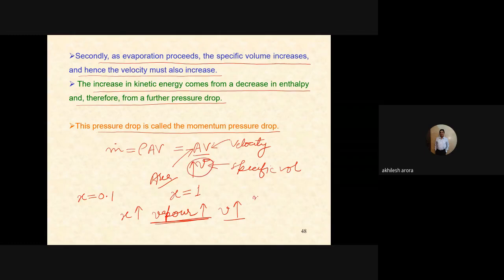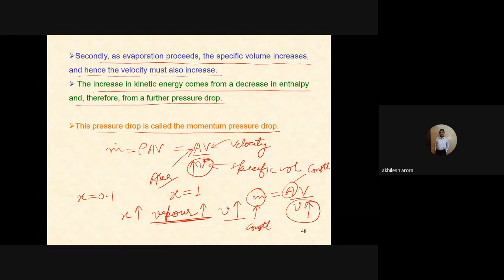So m dot is equal to A into V divided by v. Specific volume goes up. What about the area of the coil of the evaporator? It is constant. And we know that the mass flow rate is also constant.